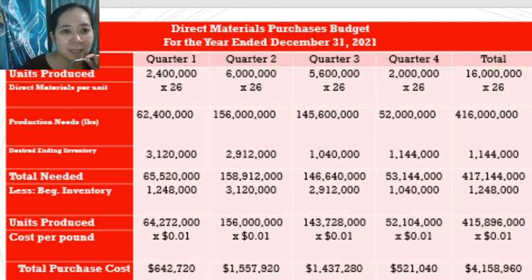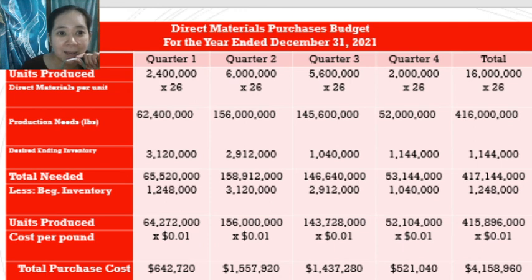Okay, next, we will deduct this to get our units to be produced. And then lastly, we will multiply it with the cost per pound for the materials. So therefore, our total purchase cost for the first quarter is 642,720. Next, for the second quarter, the same procedure will be followed.